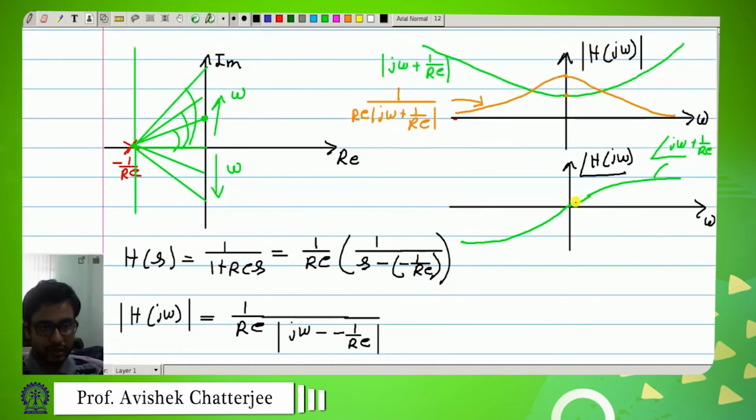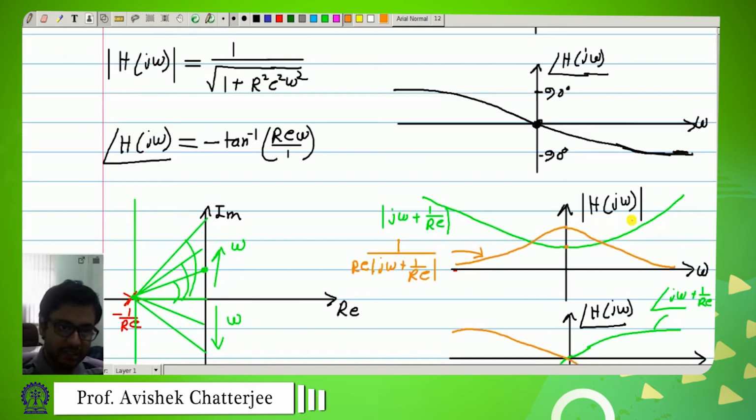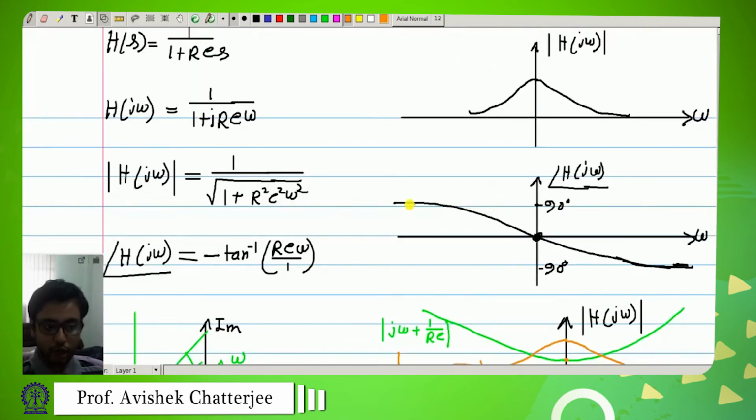So we have to take minus of this, and that will look like this. Like this. Okay, so this is the phase response, and you see previously also we got something similar.